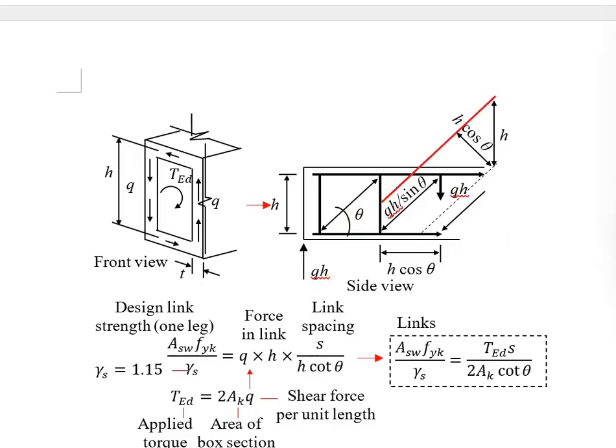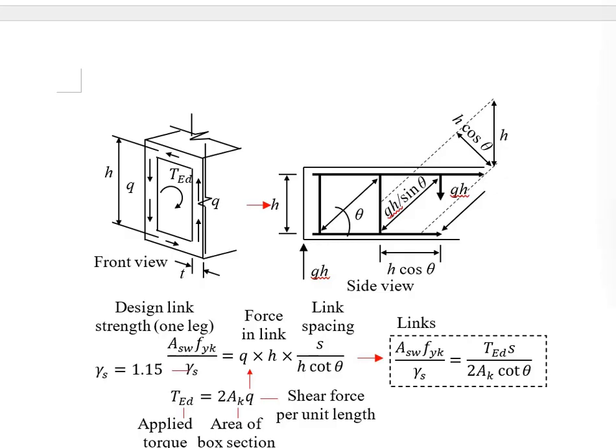Draw two parallel lines along the angle, and this will represent the compressive strut of the model. Draw a vertical line. This distance represents the h, and this angle represents the theta due to the trigonometry conversion.